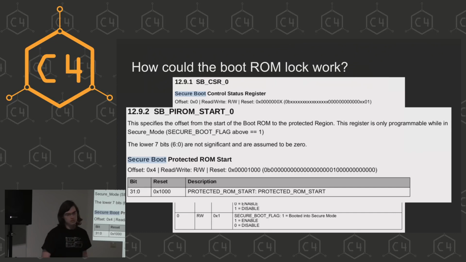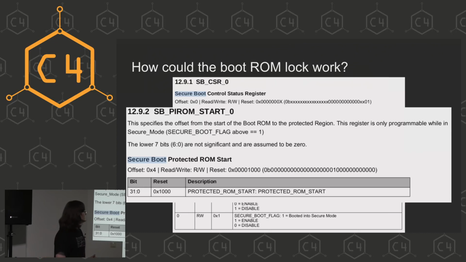What this register does is, even if the boot ROM is locked, you can configure how much can be read of the boot ROM. The offset from the start to whatever is specified in this register is readable even though it's locked. And this is only writable if we are in secure boot mode, like if this last bit here in the SBCSR0 register is set to 1.